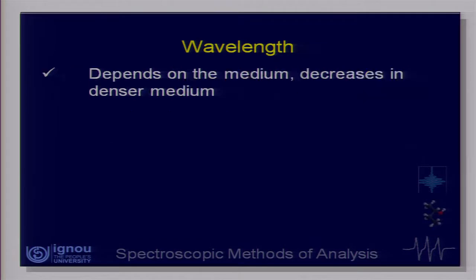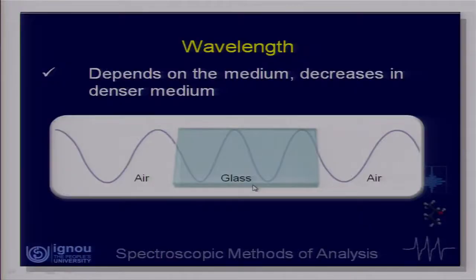Let us go further. We mentioned initially that light does not need any medium to travel. It can pass through a vacuum, and the velocity in a vacuum is maximum. But when EM radiation passes through a medium, there is a decrease in velocity. Let us see what happens here. We have radiation which is in air right now, and from air it moves on to a denser medium, say glass, and then comes back to air.